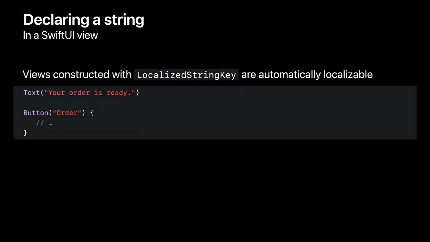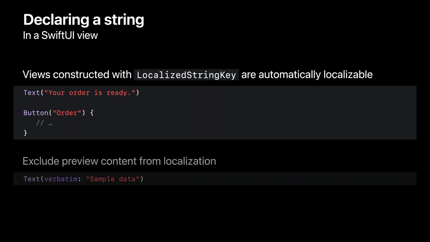Let's focus on the first method in SwiftUI for a moment. Everything you present in the interface is indeed a view. Whether this is a text label or a button, it's all localizable by default, ready to host your future translated strings.